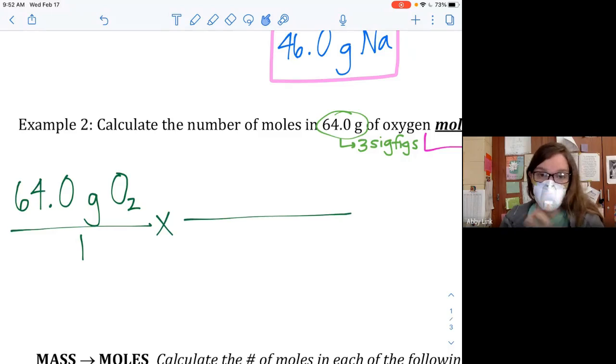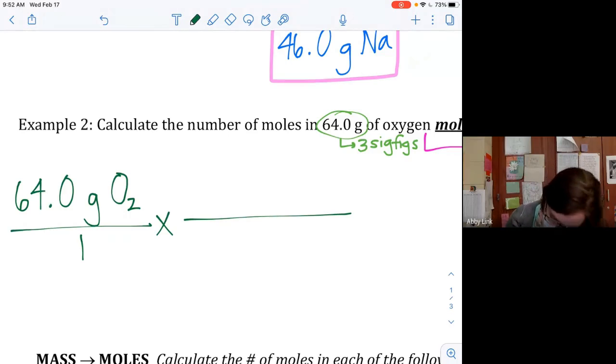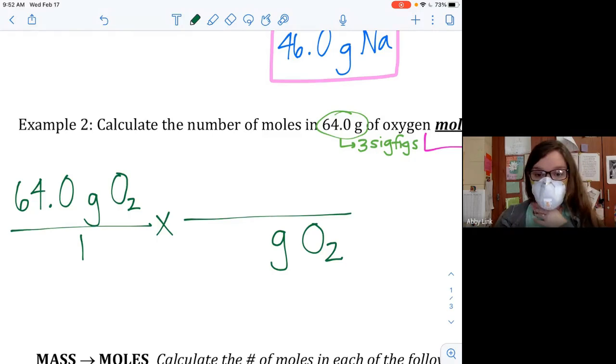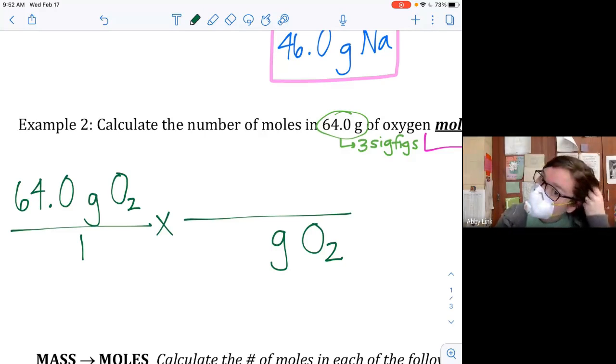Again, I'm going to think about dimensional analysis in the units. So if I have grams of O2 on the top here, that's what I'm beginning with. That's telling me I need grams of O2 in the denominator here. I'm trying to calculate the number of moles, because that's what I'm trying to find.